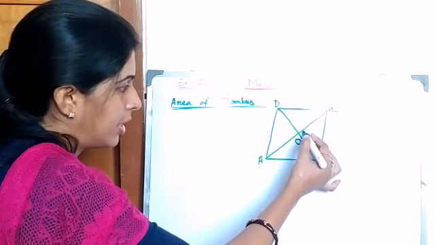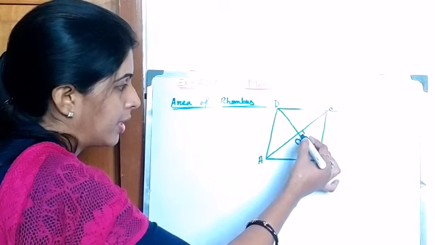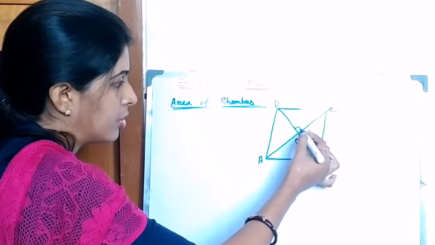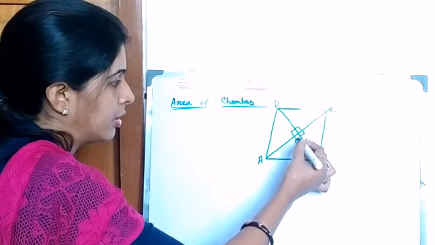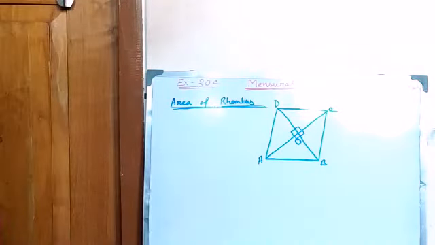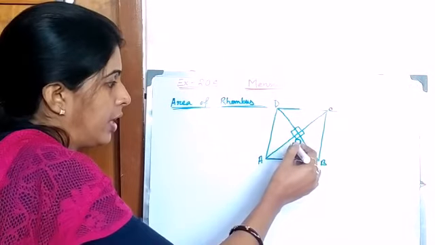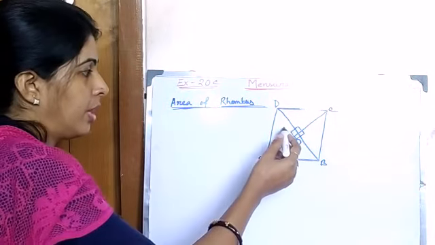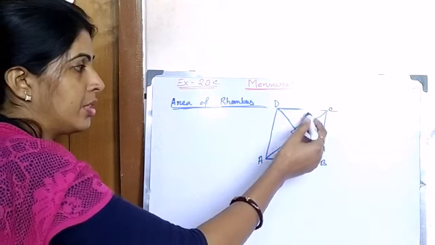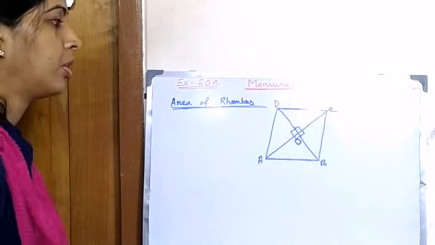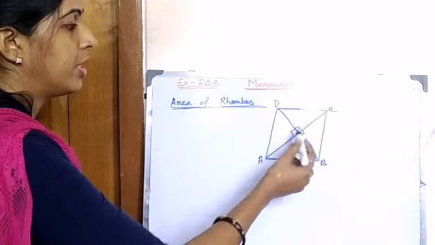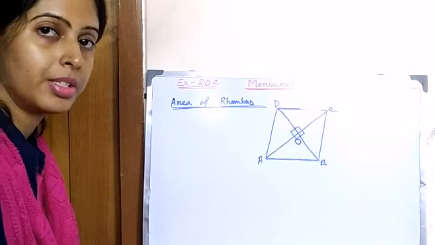That means at point O a 90 degree angle is formed. So AOB, AOD, BOC and DOC are all triangles, and all of them are right angle triangles.